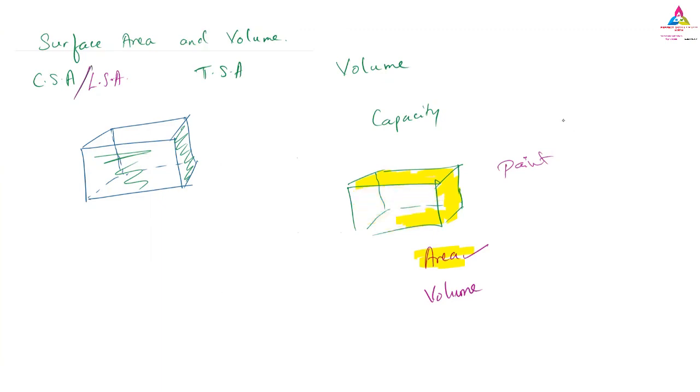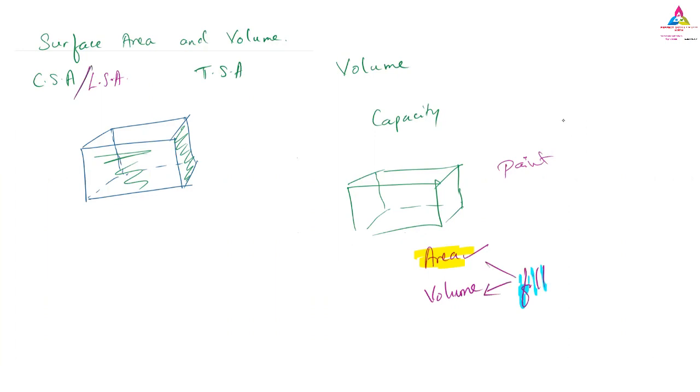But if I ask the same question, if you have to fill water in the tank, what is the capacity of the tank? You have to fill it. Are you going for the volume, or for the area?